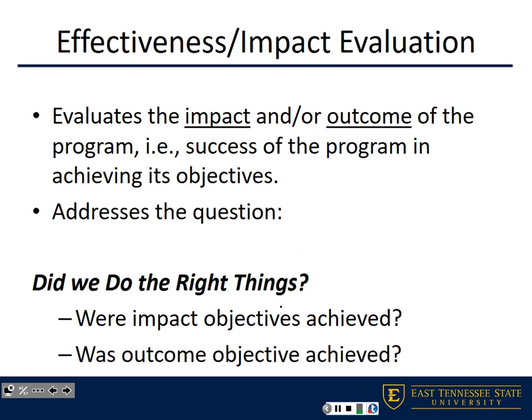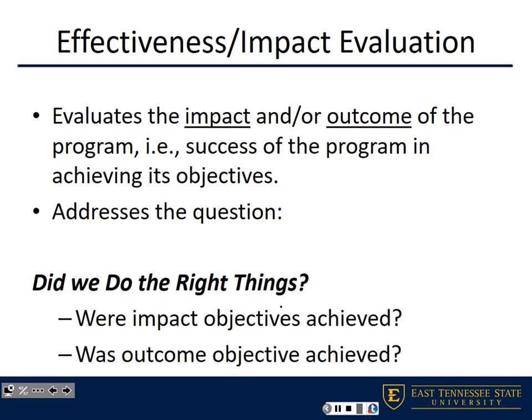The third type of evaluation, again, effectiveness, impact, or summative evaluation. Here the focus is on determining whether or not, or the extent to which, we achieve our impact and outcome objectives. Okay? So did we do the right things? Did we address the right risk factors that influence the problem?